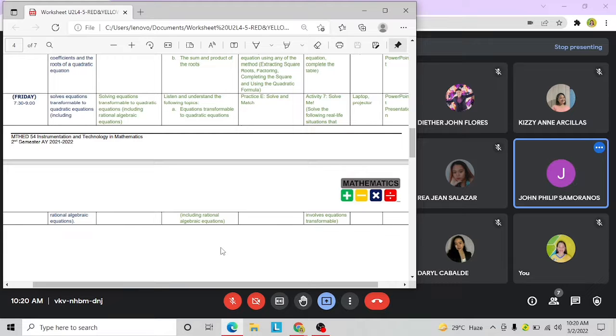Learning task: listen and understand the following, task 8, equations transformable to quadratic equations, including rational algebraic equations.